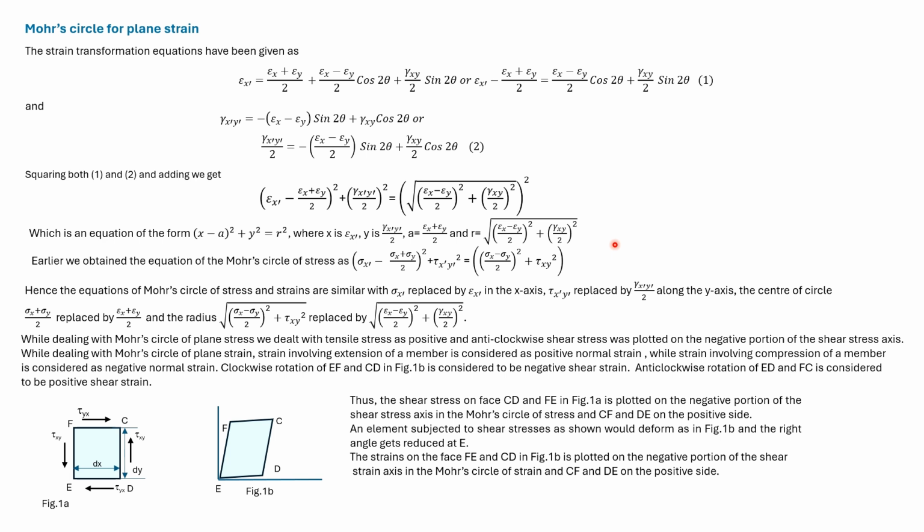One needs to remember that tau xy gets replaced by gamma xy divided by 2.